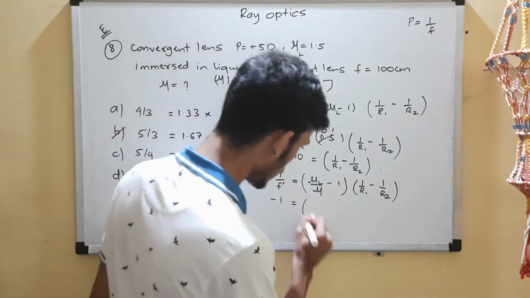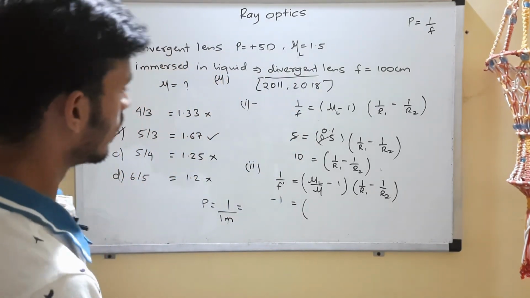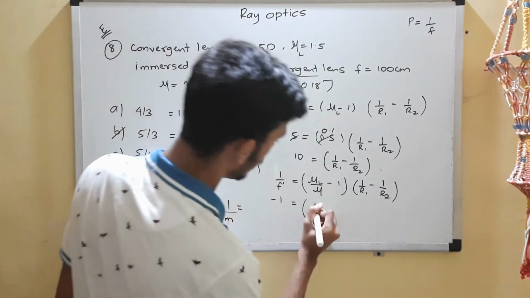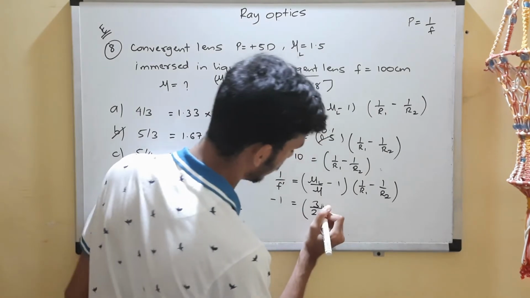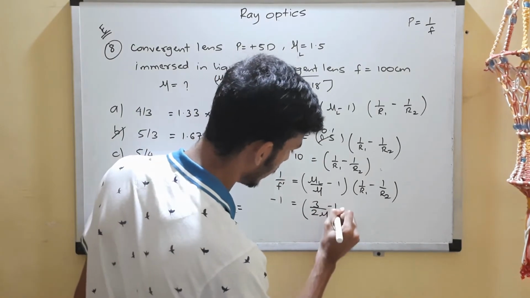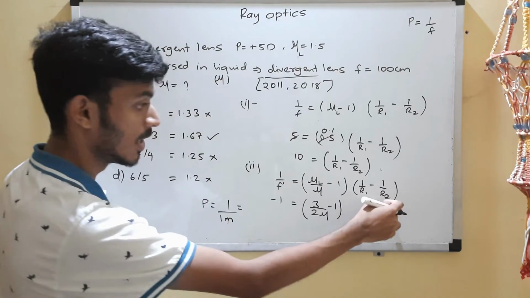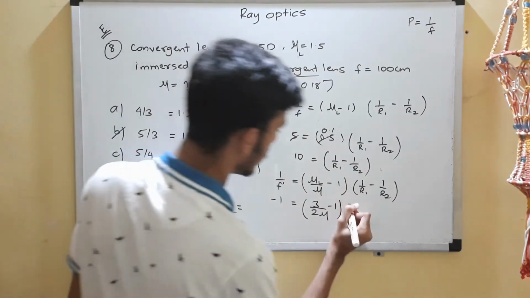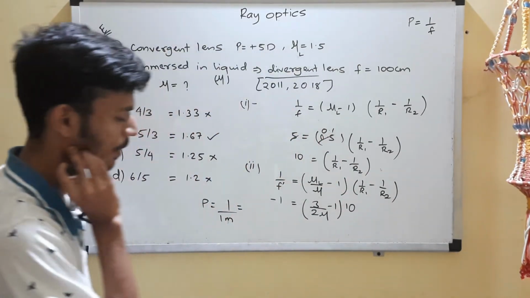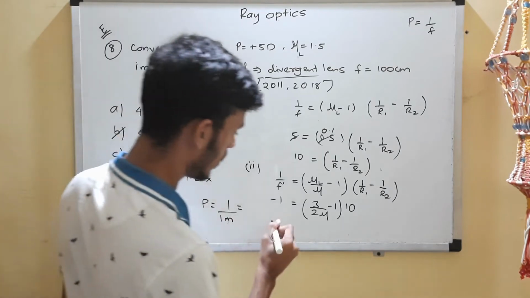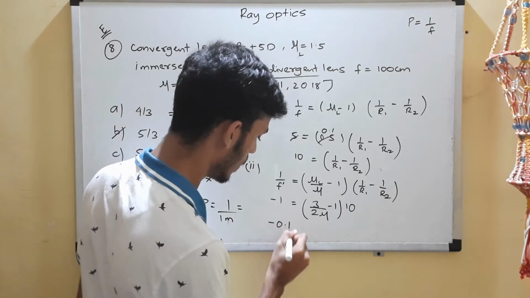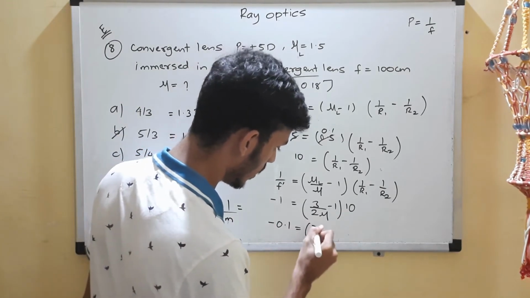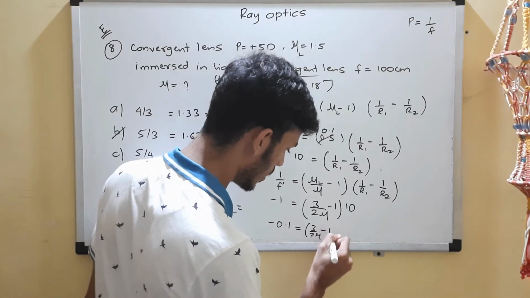So mu L is again your lens, which is 3 by 2, and mu we don't know, we have to find it, minus 1, 1 upon r1 minus 1 upon r2, we have it from equation 1, which is 10. Okay, now let's solve it. So this will become minus 0.1 equals 3 by 2 mu minus 1.